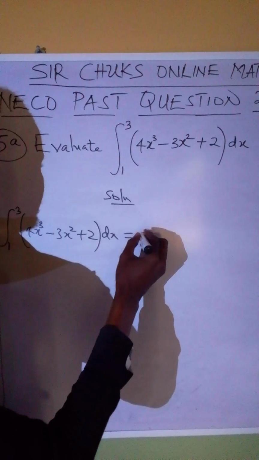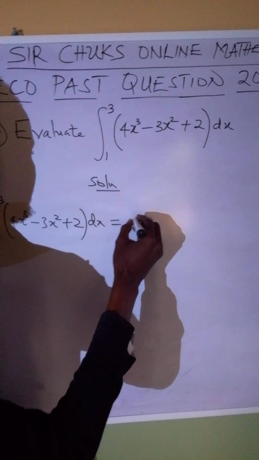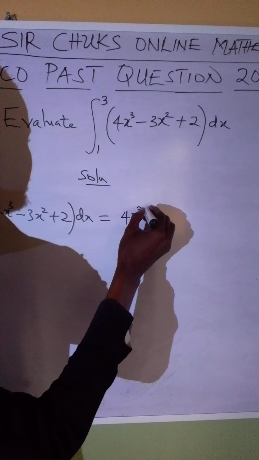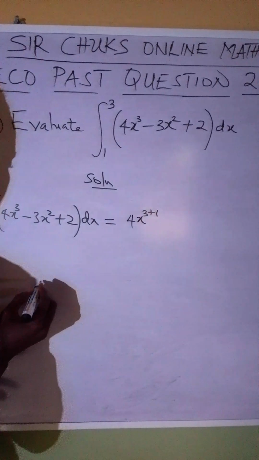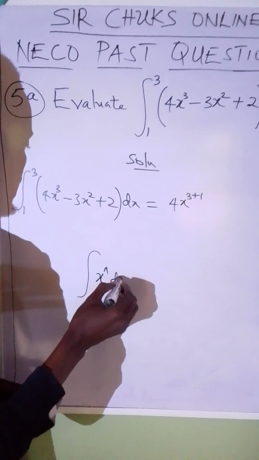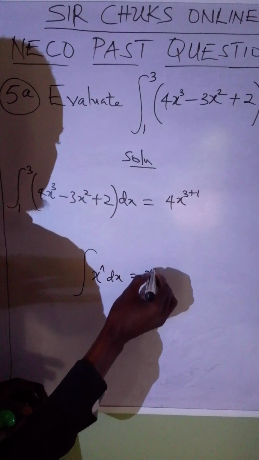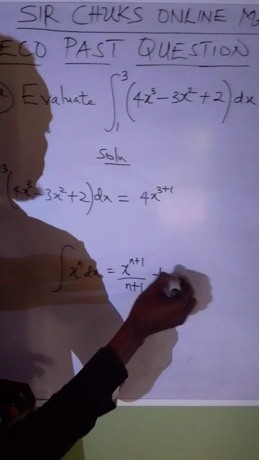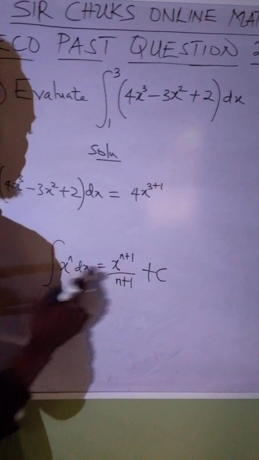So I have 4x raised to power 3 plus 1, just like I told you, the integral of x raised to power n dx is equal to x raised to power n plus 1 over n plus 1, then plus c. So I have to increase the power of x by 1.